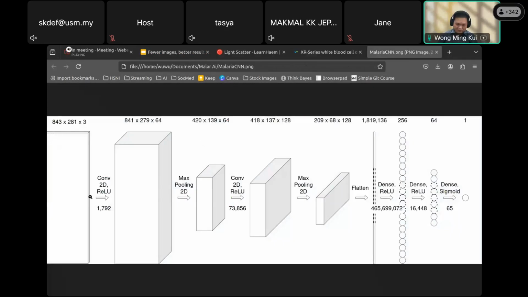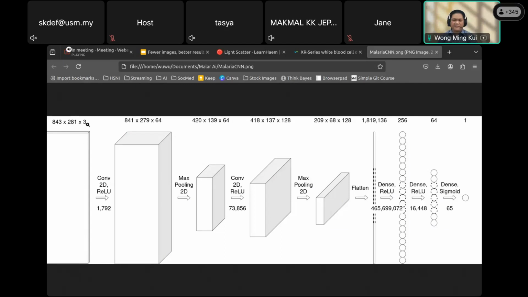The first part here is the size of the image, the pixel size. The height is 843 pixels times the width of 281 pixels times 3 layers. There are 3 layers of different colors, RGB, red, green, and blue.